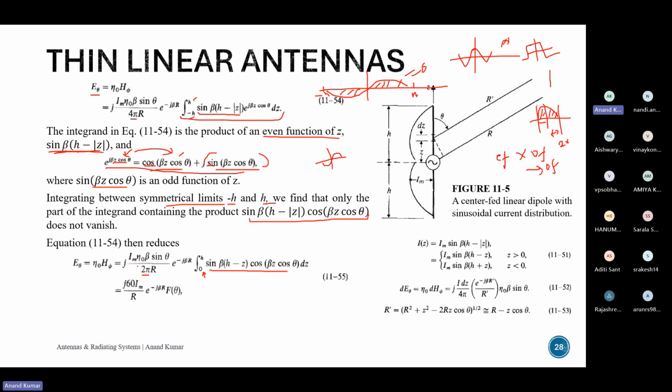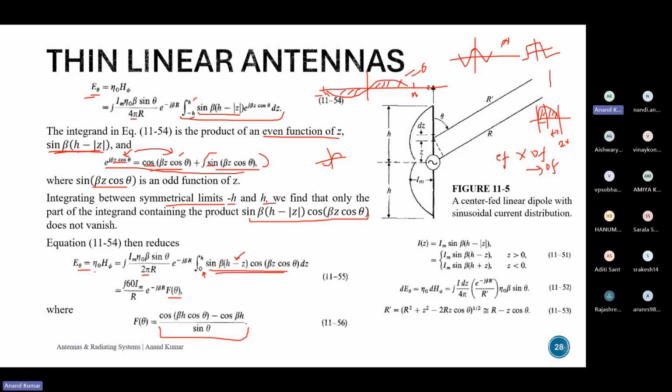So essentially we are simplifying this electric field, and upon integration you end up with a function which looks like this, and we have written it in the form of f theta.